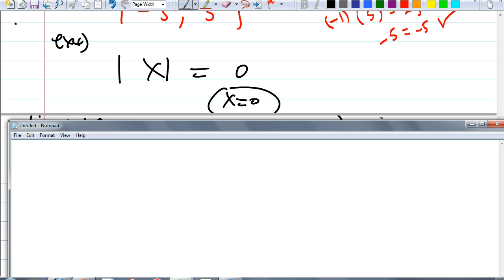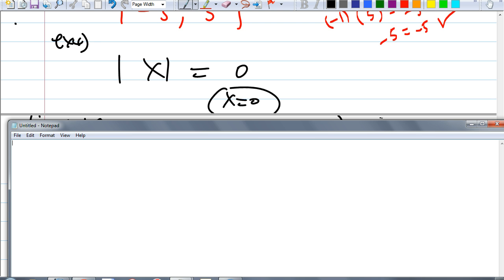Don't write 0, because that means the answer is 0. You need to write no solution, just like someone said before. So with the absolute value problem, you could have 2, 1, or no solution. Is this clear?